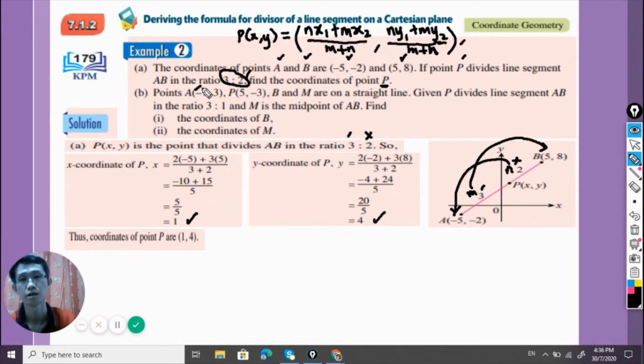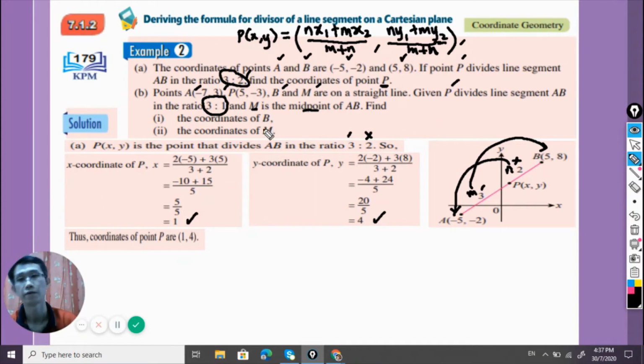One endpoint A is given its coordinates and the internal point P is given its coordinates, while the other two points, B and N, are not given coordinates yet. So you are requested to find the coordinates of points B and N in parts b1 and b2. We are given one extra piece of information here, which is that P divides the line segment AB in the ratio 3 to 1, and N is the midpoint.